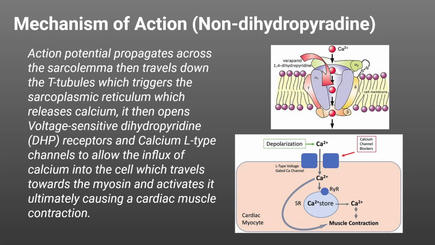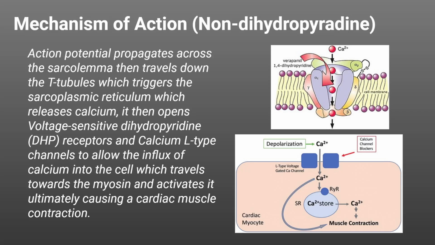It then opens up voltage sensitive dihydropyridine receptors and calcium L-type channels to allow the influx of calcium into the cell. Now, when this happens, it travels towards the myosin and activates it, ultimately causing a cardiac muscle contraction. So the sarcoplasmic reticulum particularly stores calcium.